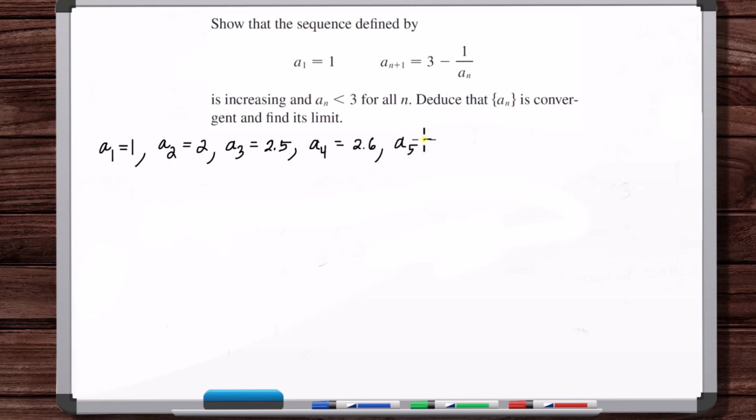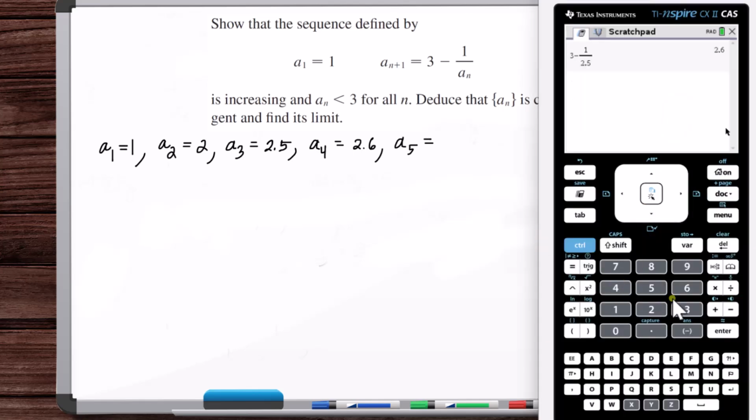A sub 5 is going to be 3 minus 1 over the previous answer, which is 2.6154.